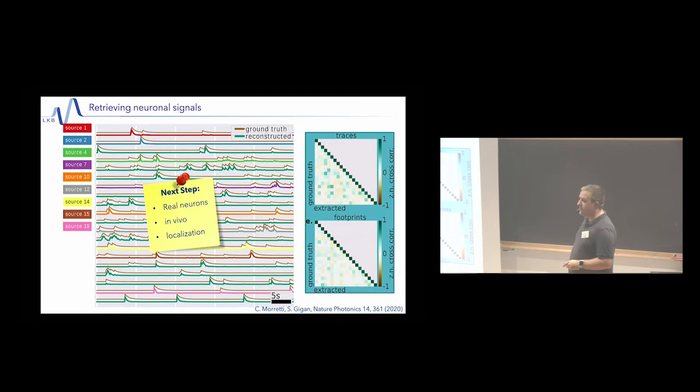So the next step is really to go to real neurons in vivo, and there are a lot of difficulties to do that. We do that in collaboration with colleagues in the US who are really doing in vivo imaging. What I can show you in one slide is that we now try to improve by adding localization.